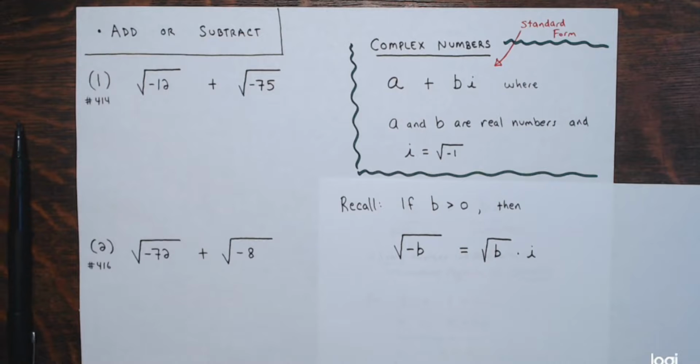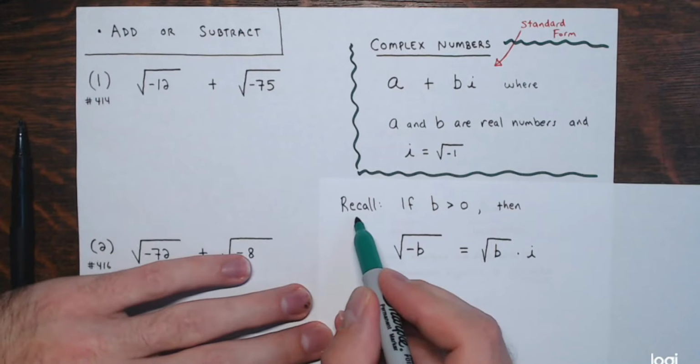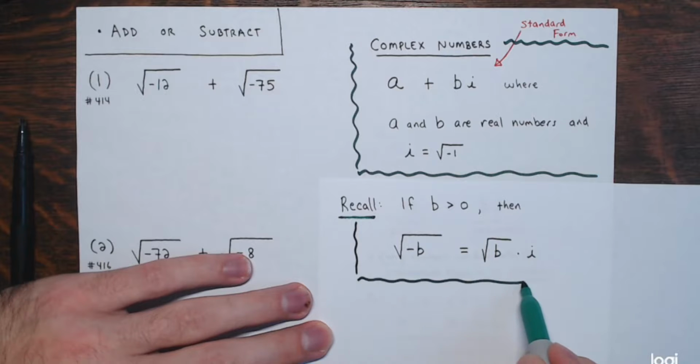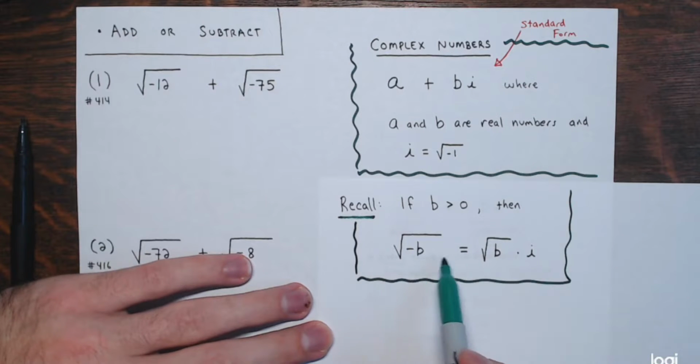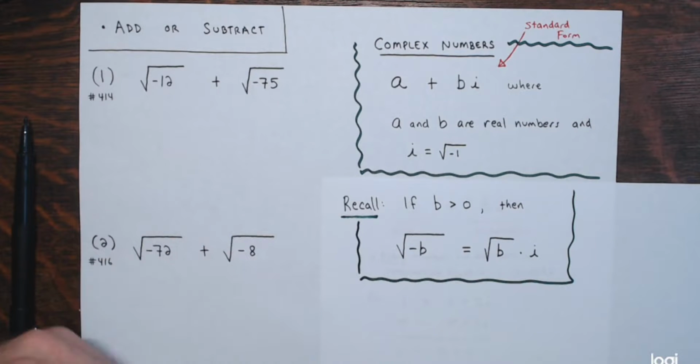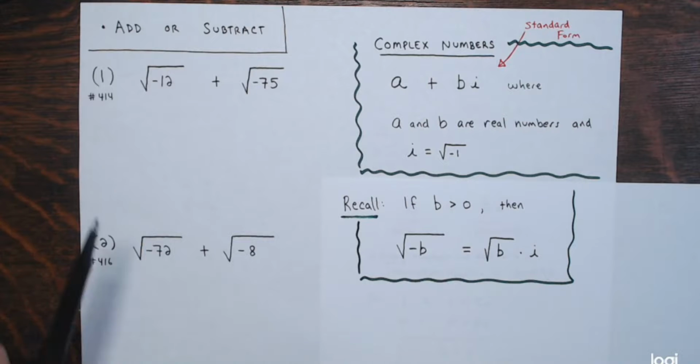So please keep this in mind as well. Whenever you see the square root of a negative number, you're going to rewrite it as an imaginary number, as a real number times i. So that's what I'm doing here.